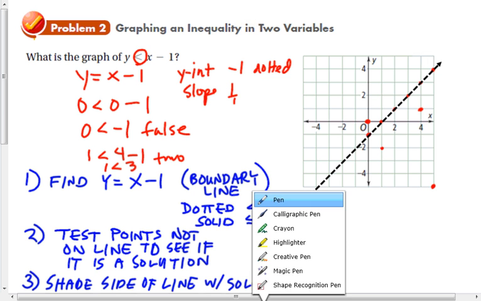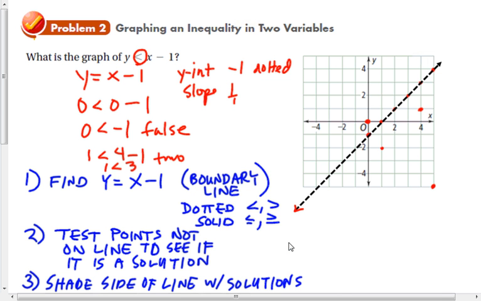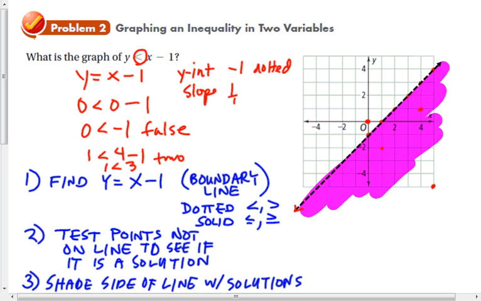Maybe I'll use a highlighter to shade. So every point on this side of the line, and remember that this is continuous. Sorry, I went over the line. Guess I didn't pass my kindergarten coloring. But anyway, that whole shaded area represents all the solutions. Go ahead, you try that.